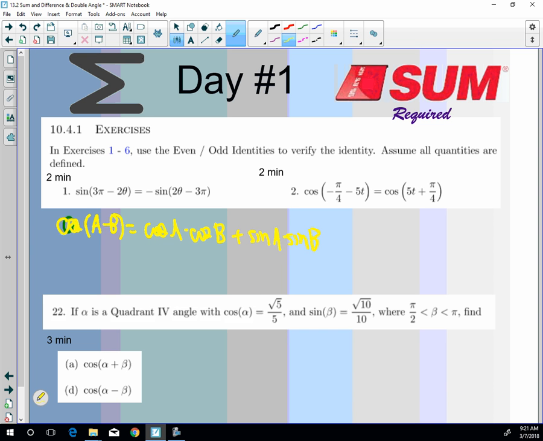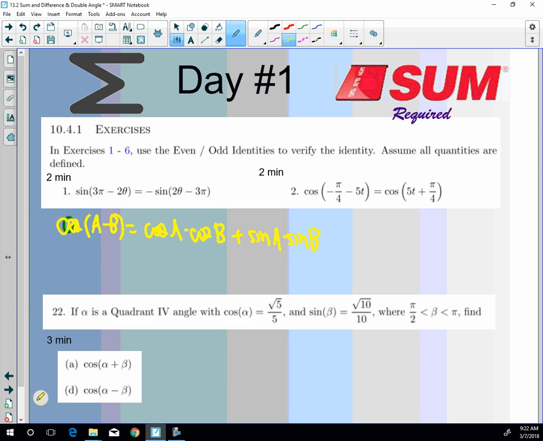This is a horrible formula, don't you think? Well, you're going to have a great way to do it. A student from South America told me that she had a way down in Peru that they remembered it. For cosine A minus B, they just remember, how many speak Spanish?